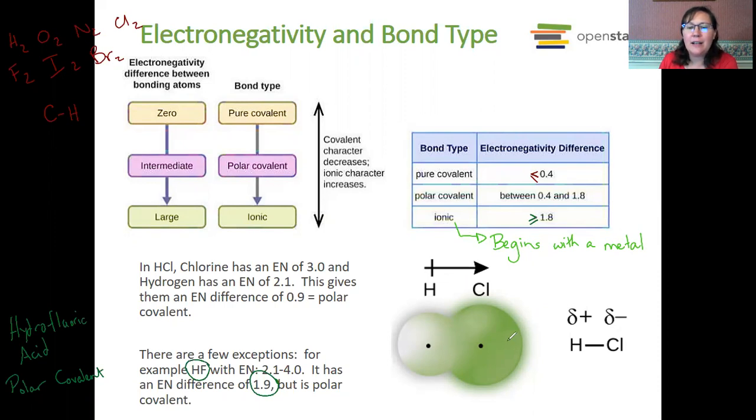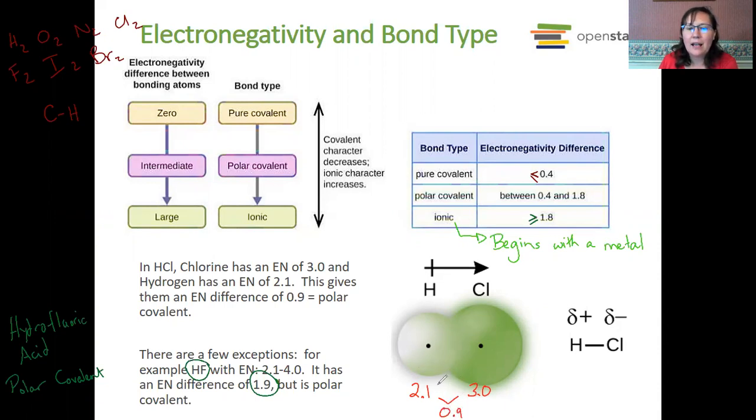And now you can see here we have hydrochloric acid. And remember that our hydrogen here has an electronegativity, I'm going to take a peek, of 2.1 to chlorine at 3. I don't have all of the electronegativities memorized. No, it's on the slide. See, I don't read the slides when I'm lecturing. Okay. And that means that we have 0.9.